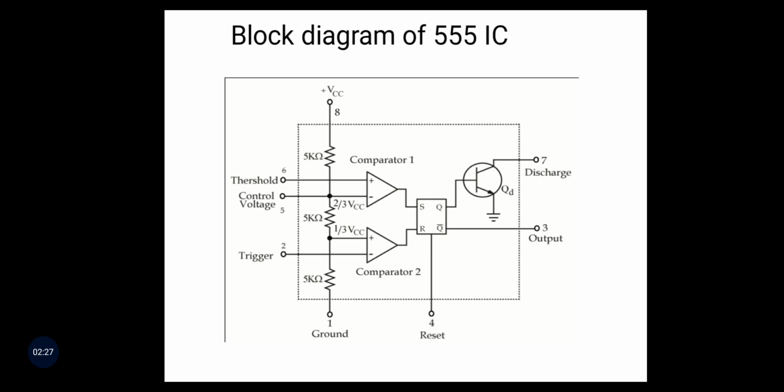The comparator outputs are the flip flop inputs, and there is a transistor in common emitter mode. So I have 8 pins in a dual in line package.